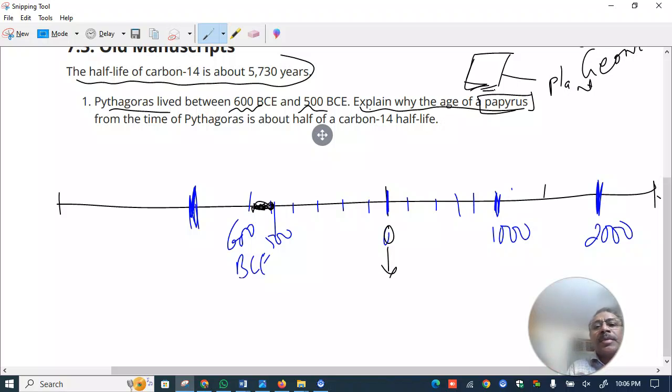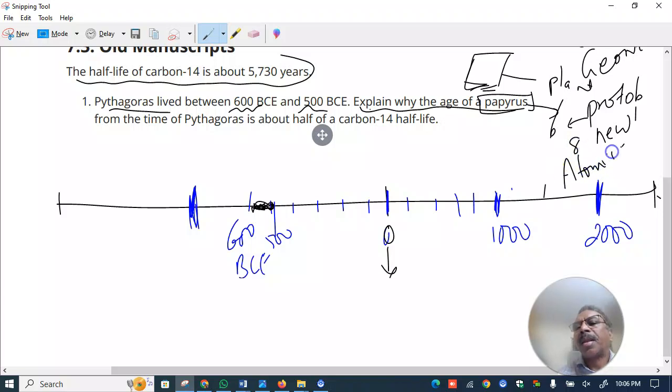Now, the question here had carbon 14, the isotope of carbon. Remember, carbon 14 is where the protons and neutrons are not the same in the nucleus, because here the protons are, I think, 6 and the neutrons 8, so the atomic mass is 14.